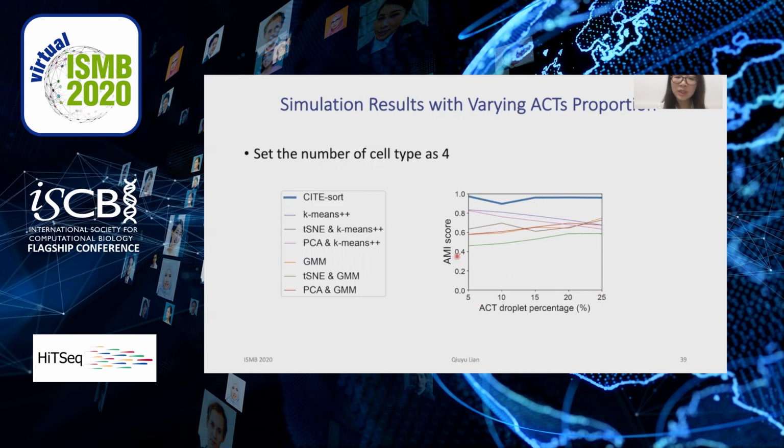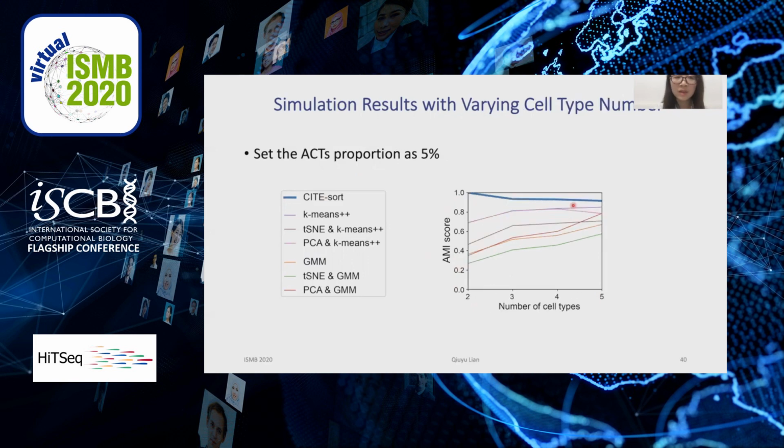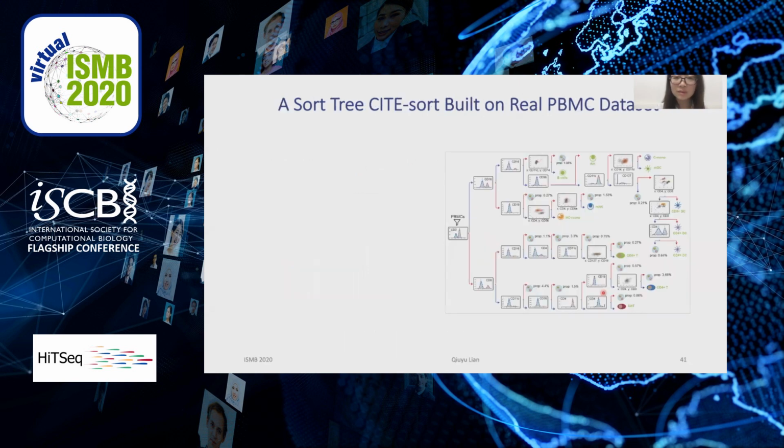Adjusted mutual information is used as the metric. As the figure shows, CITE-sort has superior performance compared to the others. In the second set of simulation experiments, we fixed the ACT proportion at 5% and gradually increased the number of cell types from 2 to 5. Also, CITE-sort outperforms other clustering methods.